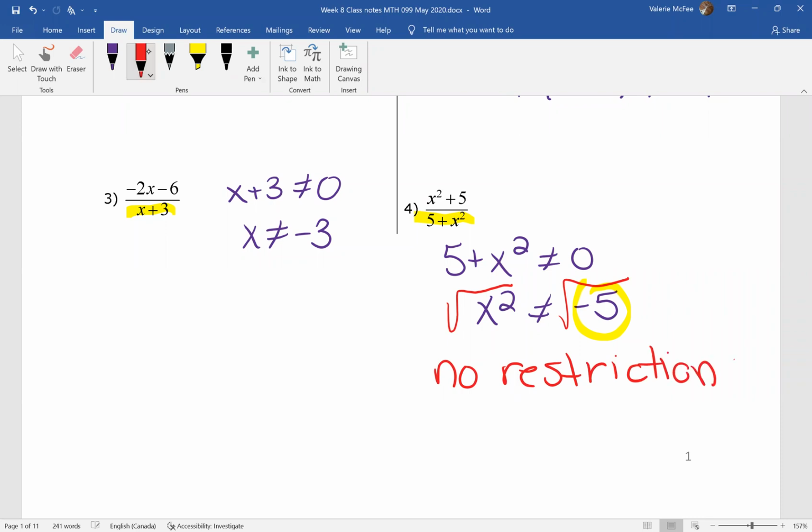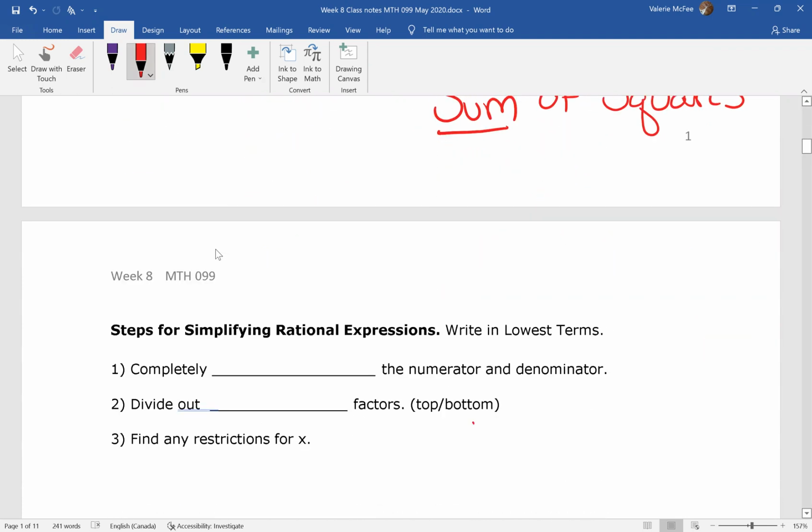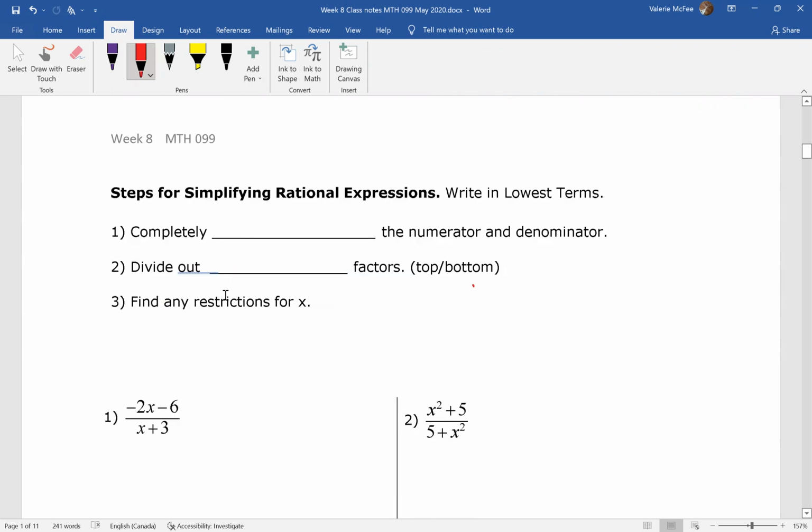There are no restrictions if we have a sum of squares in the denominator. Now, 5 isn't exactly a square, but we could write this as the square root of 5 squared. Let's pause there for this video.